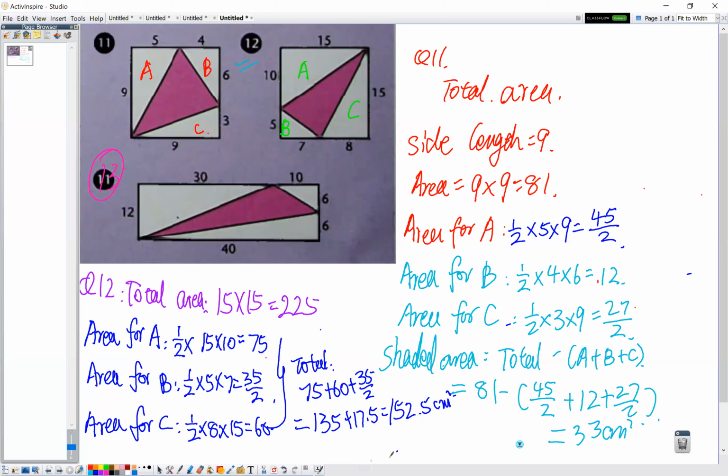We can work this out now. We can find out the shaded part. We can use the total area, which is 225. We take away the one we worked out just now, 152.5. The answer is 72.5 centimeters squared. That's how you work it out. So now, can you please do question 13?